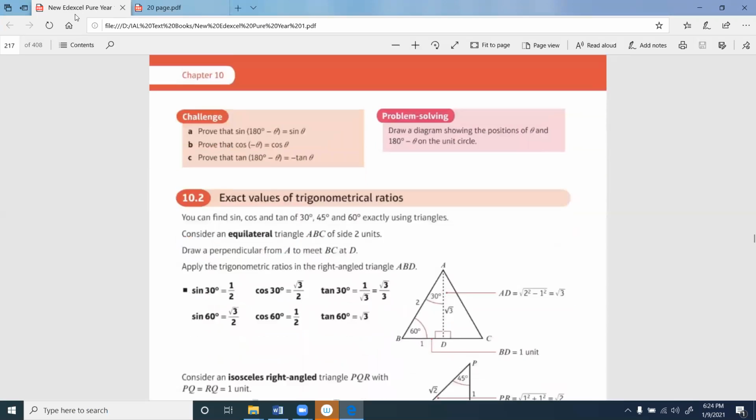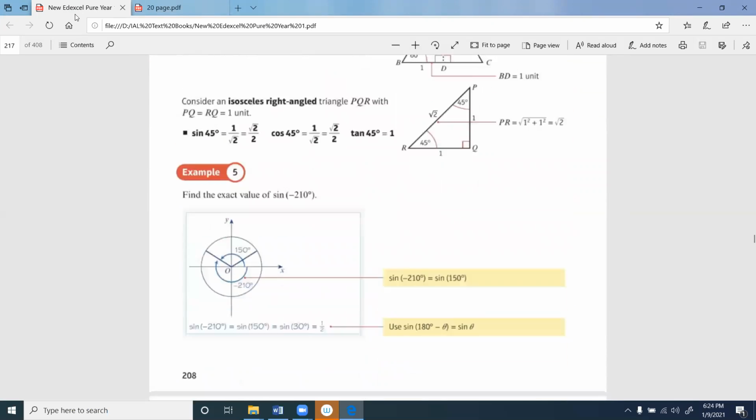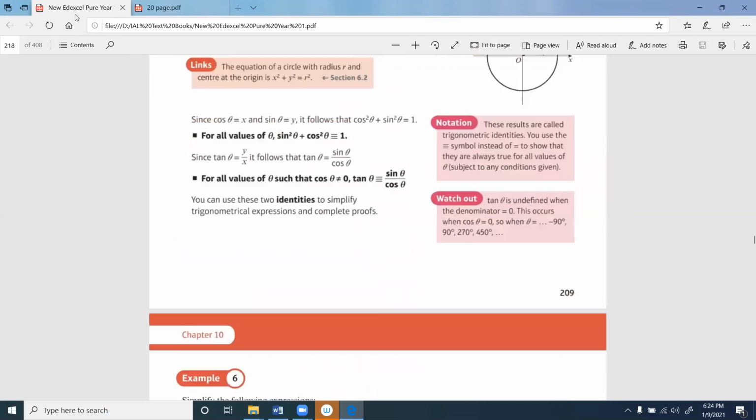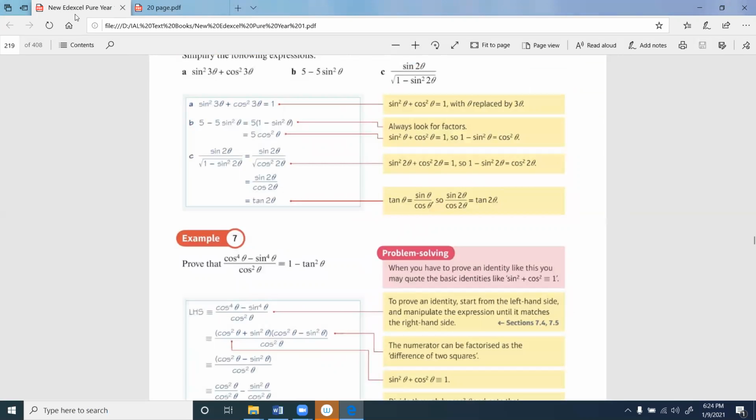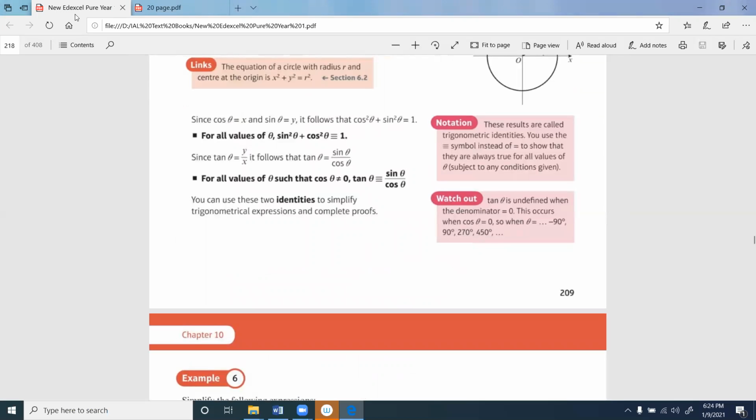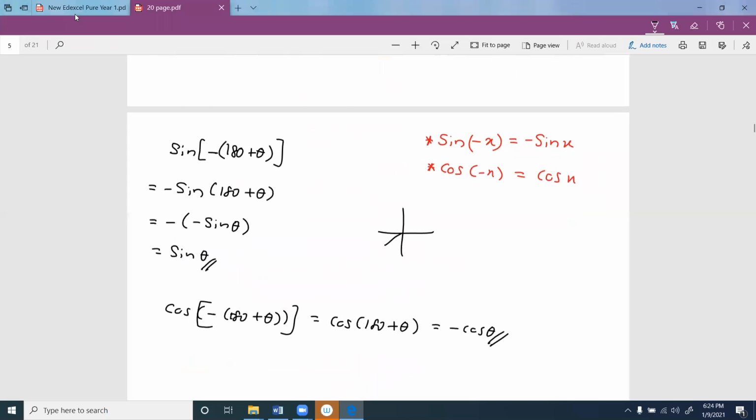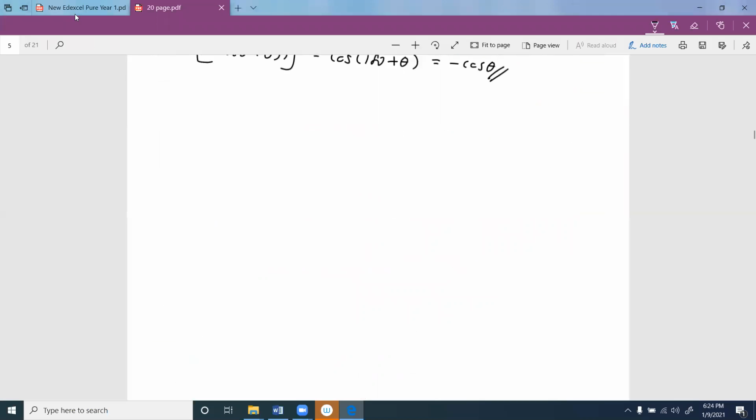Then our problem is to understand how to solve a trigonometric equation. That is the important point we should know, right? Okay, yes. Then trigonometric equations.